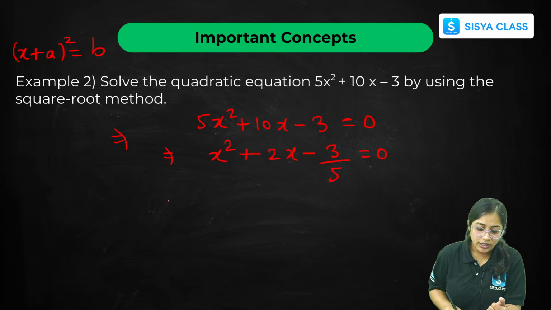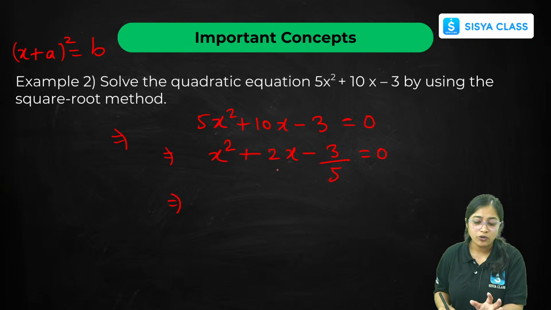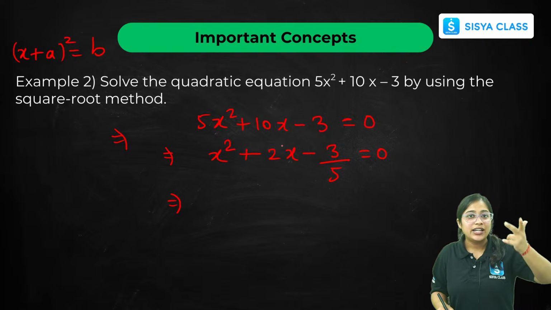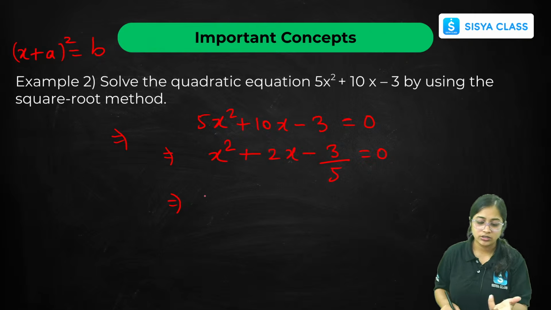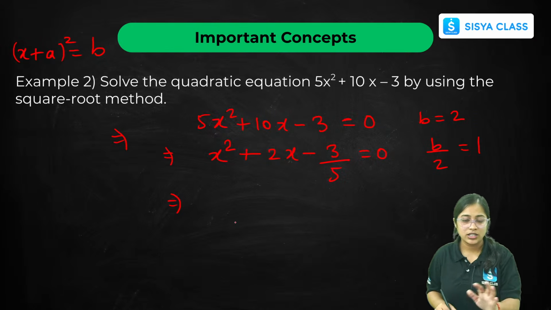Now from here, whatever is your coefficient of x, divide it by 2 and add and subtract the square of it. So here what is the b? b is 2, right? Then take b by 2, that is 1, and add the square and subtract the square. Okay.